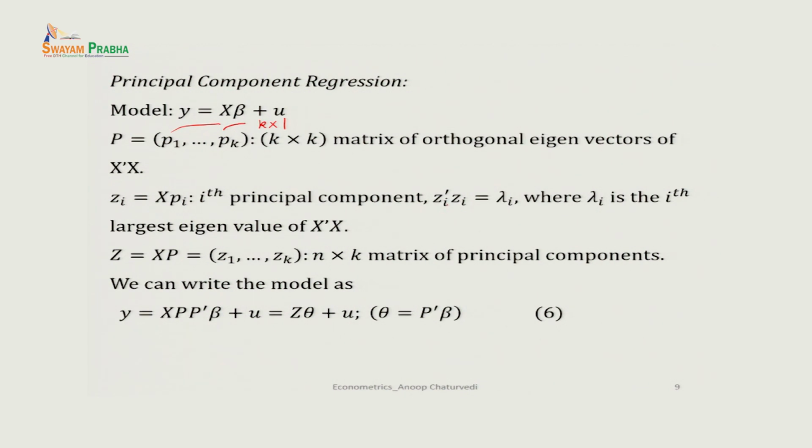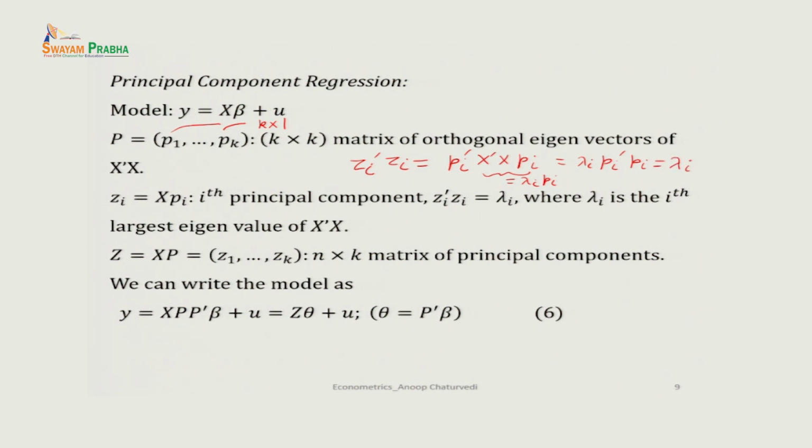Then Zi transpose Zi is equal to lambda i, because Zi transpose Zi is equal to Pi transpose X transpose X Pi. Now, X transpose X Pi is equal to lambda i Pi. So, you get lambda i Pi transpose Pi, and then Pi transpose Pi is equal to 1.